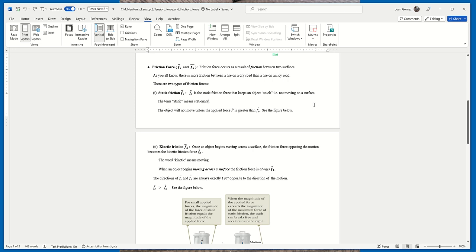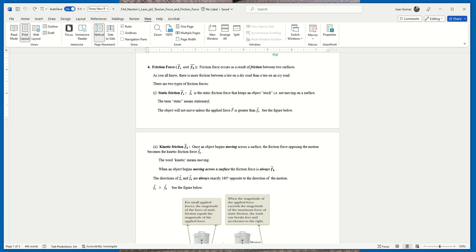One example would be a piece of furniture, maybe a couch, on a hardwood or linoleum floor that hasn't moved for quite a while, and you decide you want to move it and sweep under it. Initially, when you push or pull it to slide it across the floor, you're going to notice some resistance. It's not going to move.